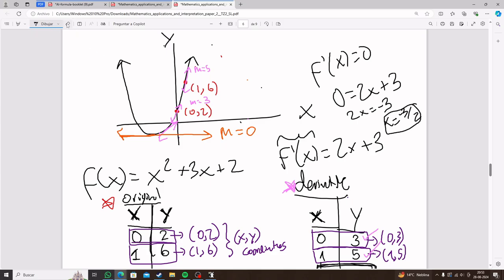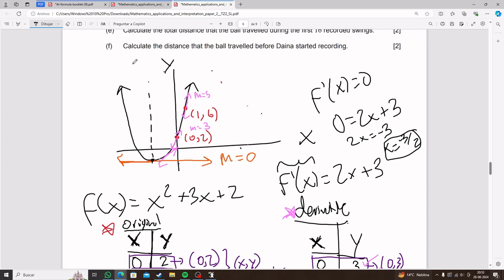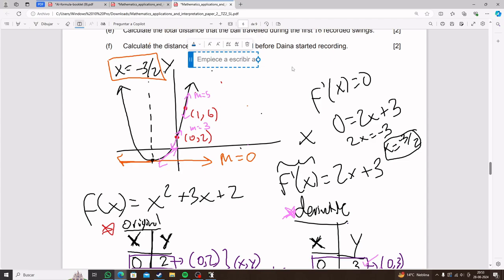So that means that at this point here, you have negative 3 divided by 2 for x, right? So x equals negative 3 divided by 2 right at that minimum point. See? And so, notice, the main idea here is that at the min or max, your slope is 0.